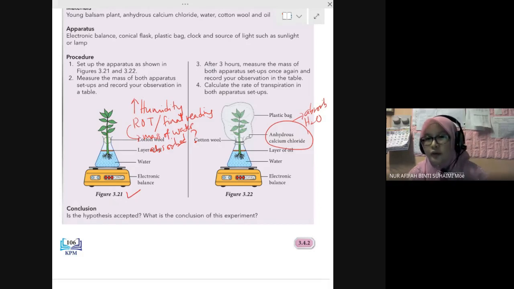Compared to the one that is always dry, what happened to the mass? What happened to the ROT? Humidity increase, ROT increase. Sure?